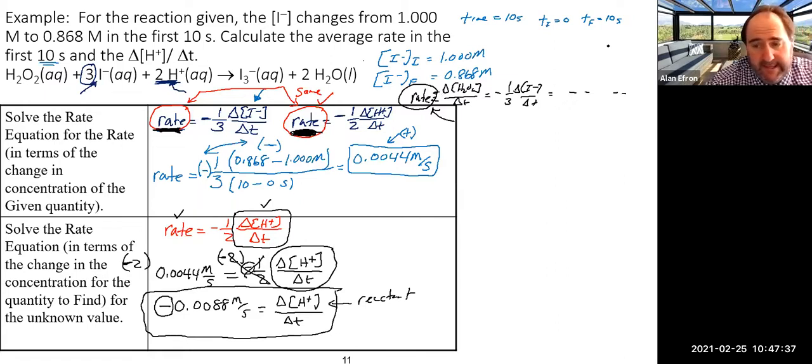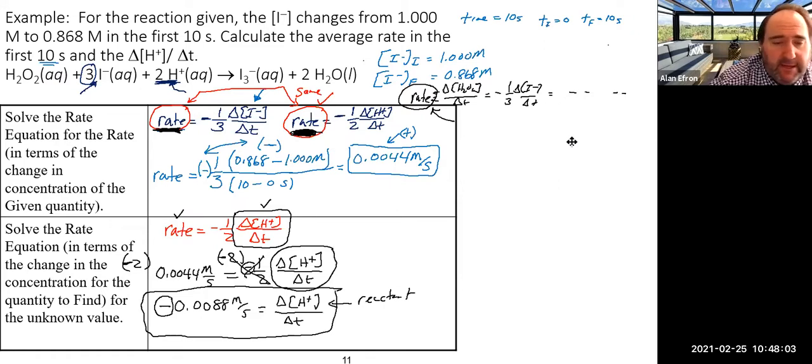So again, by having that 1 over the coefficient, it does all the stoichiometry part easily for you. You could have tried to do an I minus to H plus mole to mole relationship first and then put it in. You could do that approach. Any questions on that?